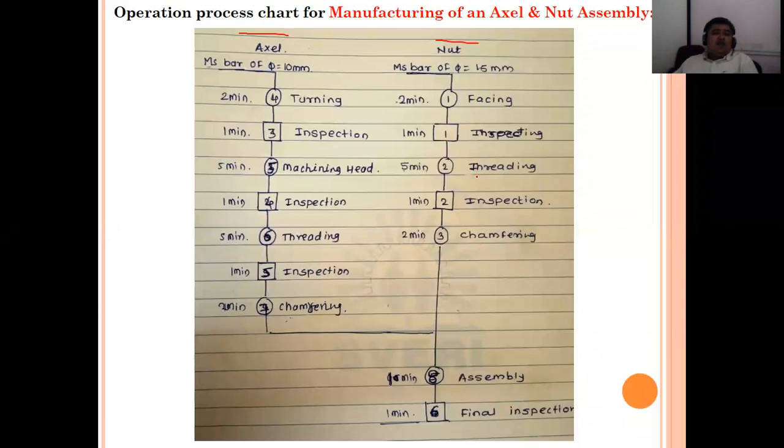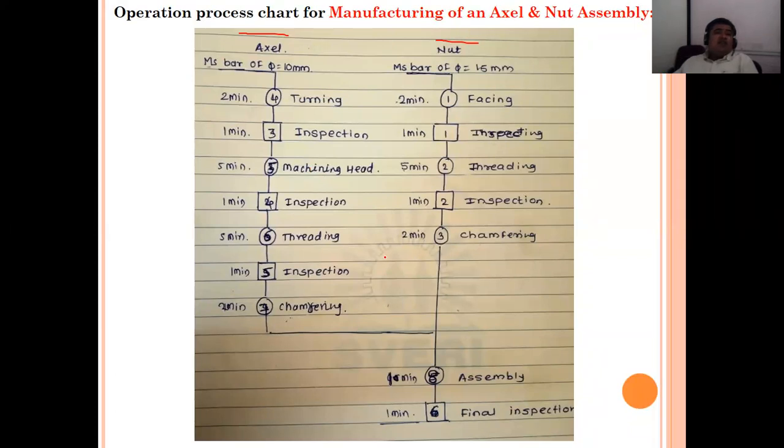Second operation, let's say threading, and threading inspection is the second. Chamfering is the third operation, but I make the inspection of chamfering after turning. So first I will make the chamfering, then I will turn it, reduce some diameter, and after that I will make the inspection. After turning, for the fourth operation, I will go for inspection.